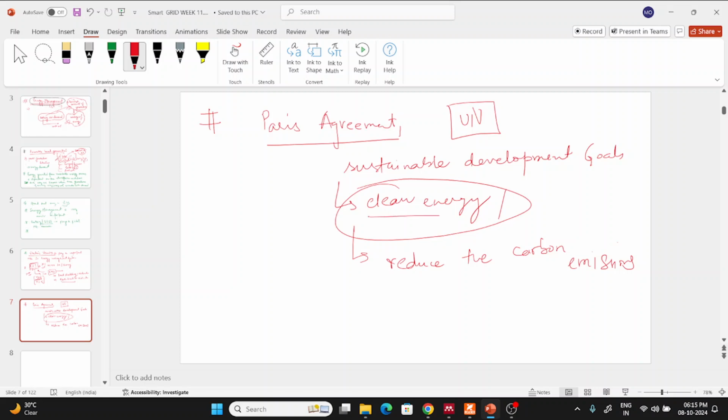In order to reduce the emissions, we have to move on from the conventional, fossil fuel based sources towards renewable based energy sources. That's why emissions reduction can happen. But there is a negative side.